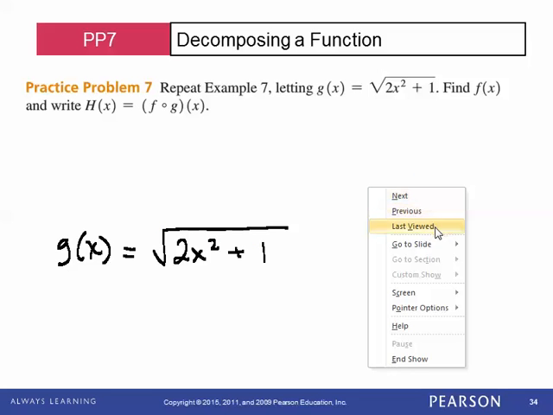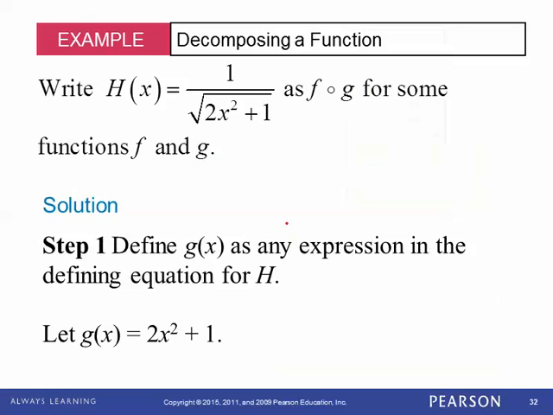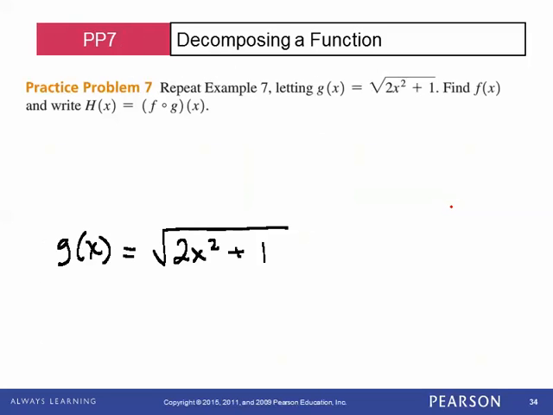Let me go back to this one because it will make sense here. This is your composed function. g of x is the square root of 2x squared plus 1, right? So f of x would be just, this whole denominator went away, right?